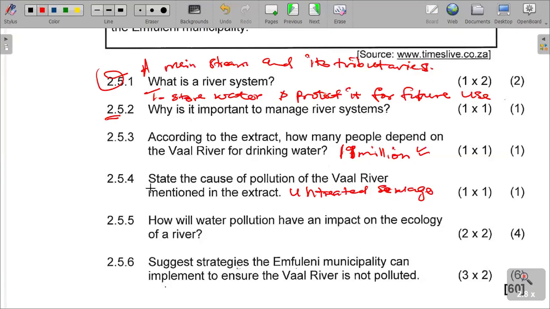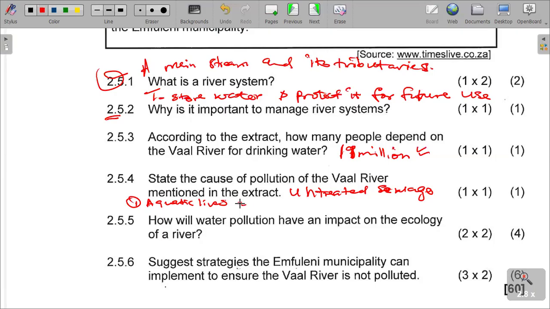And then how will water pollution have an impact on ecology on the river? Effects of water pollution, we can say one, we have got problems to do with aquatic life.